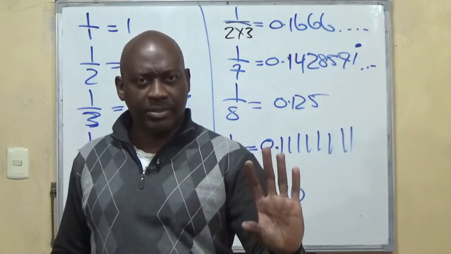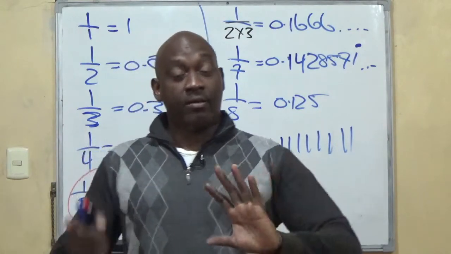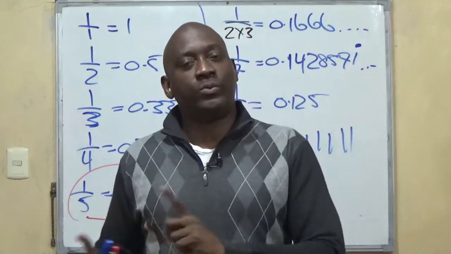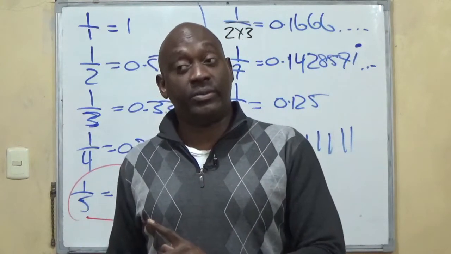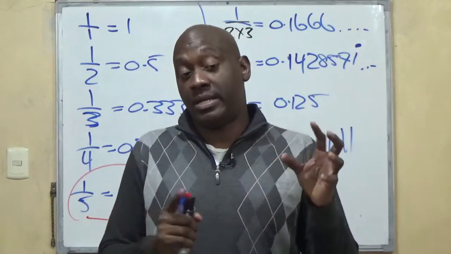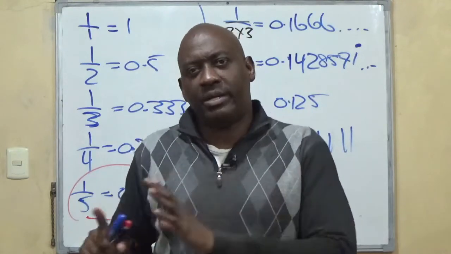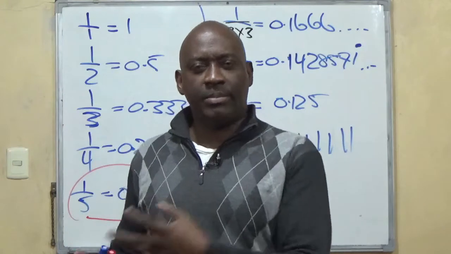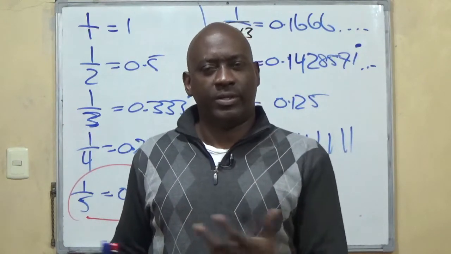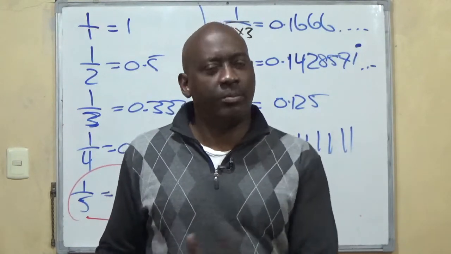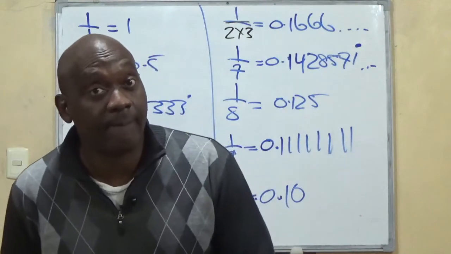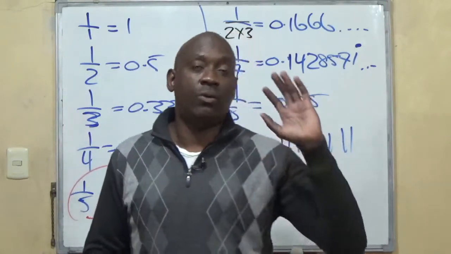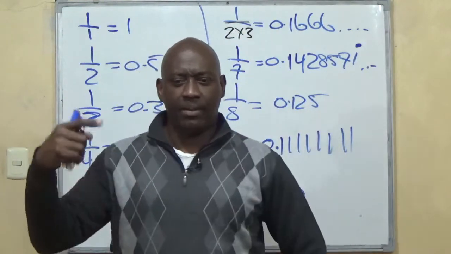That's a multiple of 5. 5 to the power of 2 is 25. So in other words, you could be a multiple without being a power. But of course, if you're a power, you must be a multiple. 25 is a multiple of 5. All powers of 5 are multiples of 5. But not all multiples of 5 are powers of 5.